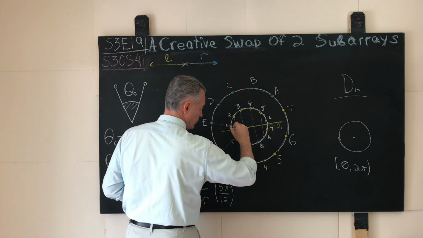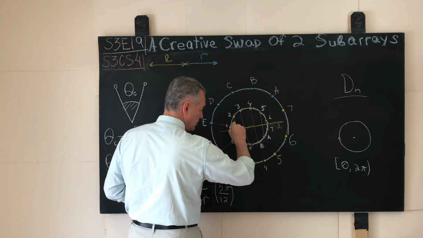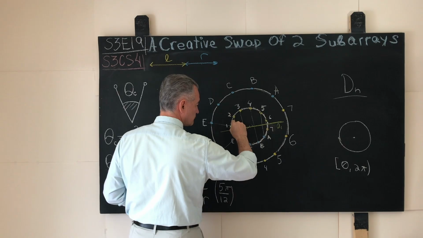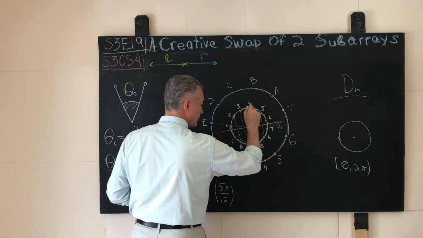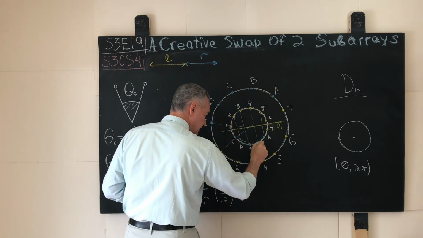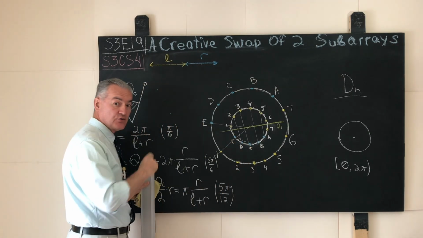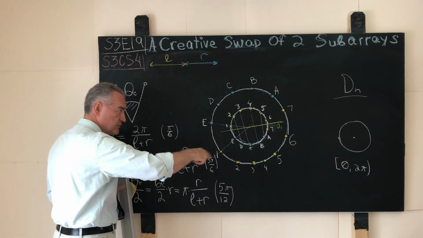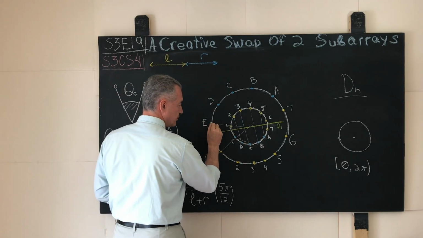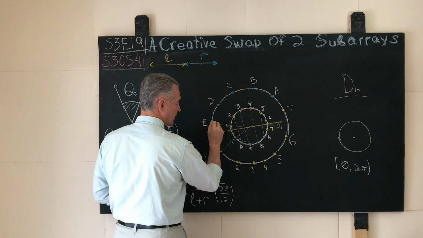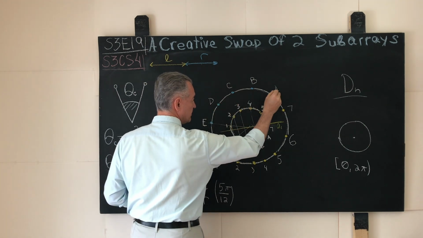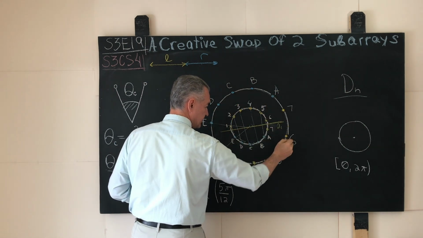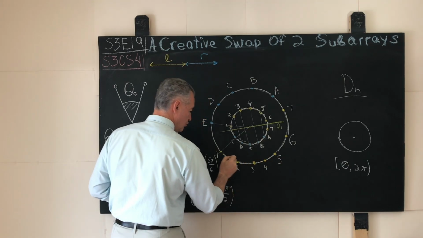So if we traverse our regular polygon, in this case in the order 1, 2, 3, 4, 5, 6, 7, A, B, C, D, E, which is the order in which the input sub-arrays are given to us, then in the same direction we will have the nodes sitting on our circle as follows: E, D, C, B, A, 7, 6, 5, 4, 3, 2, 1.